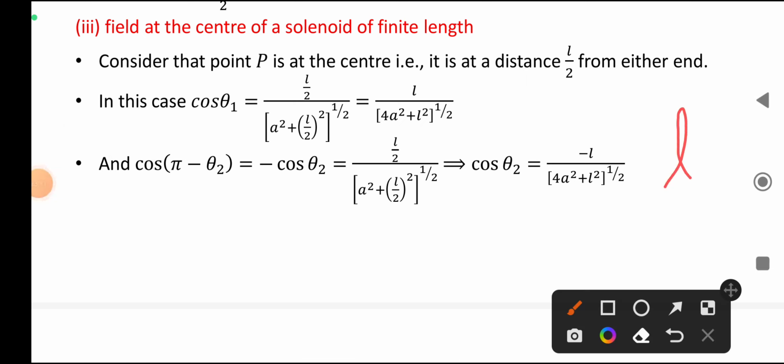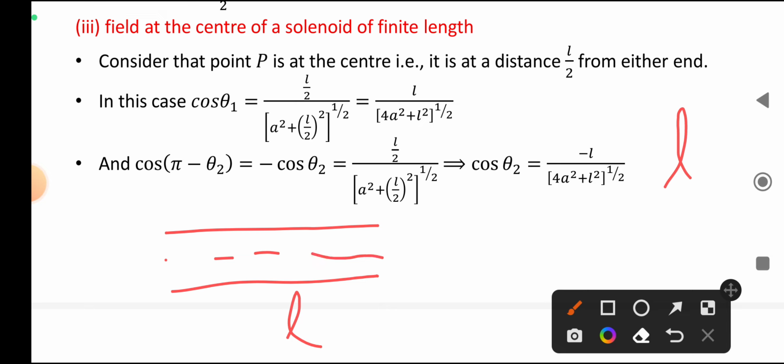Let its length be L. Let me take one point exactly in the middle. This point lies L by 2 distance from this end, and also L by 2 distance from the right end.